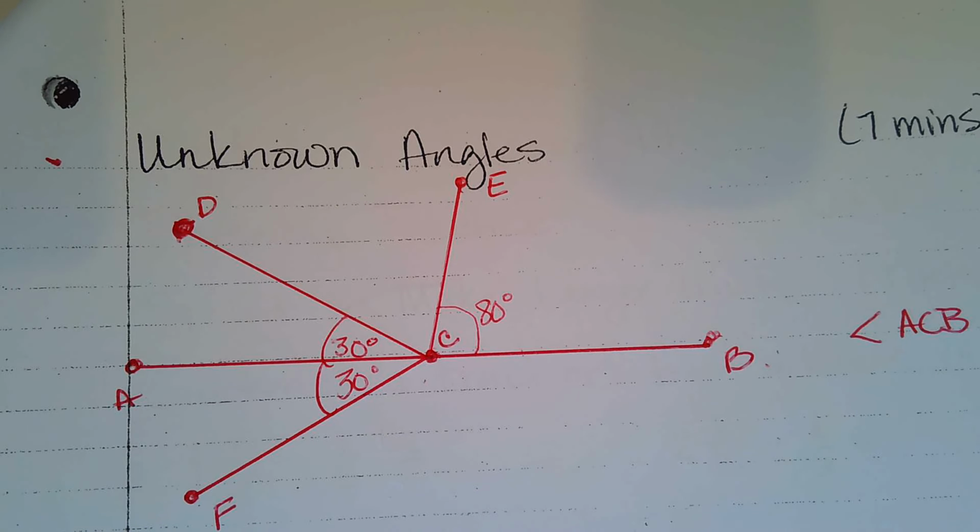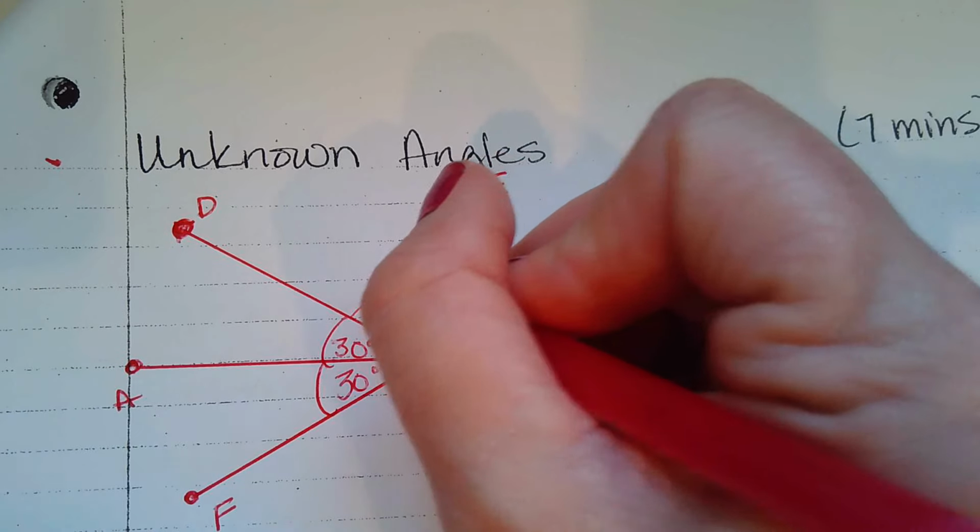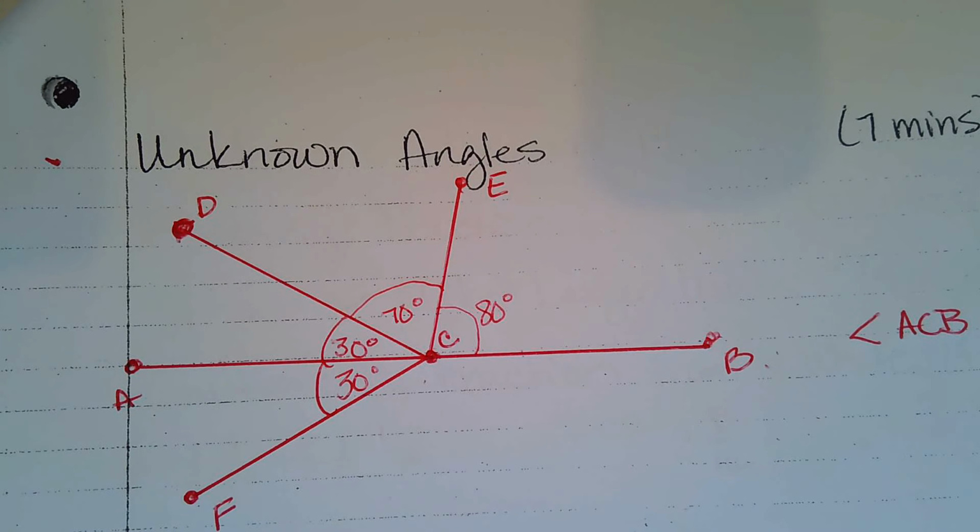How big is that angle? Well, you could add 80 plus 30, right? And that equals 110. So you could take 180, subtract 110, and that would give you a 70-degree angle. So do you see the way we pieced that out?